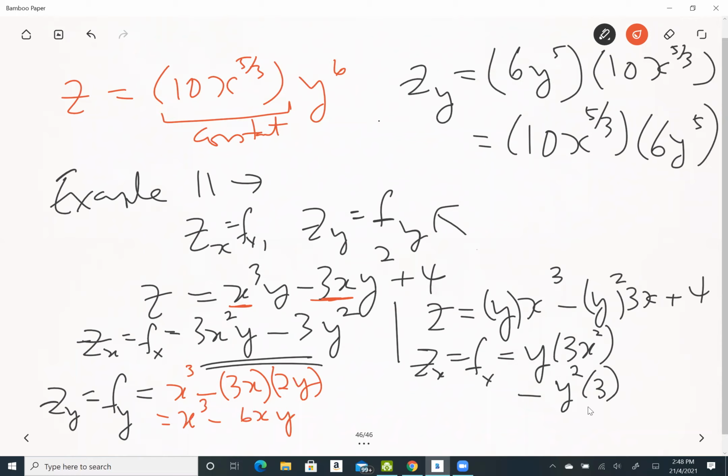Okay, all right, good. So now I give you a function that requires us to apply the product rule. So for the product rule, you still apply the product rule, all right? And then you do it for the partial derivative.